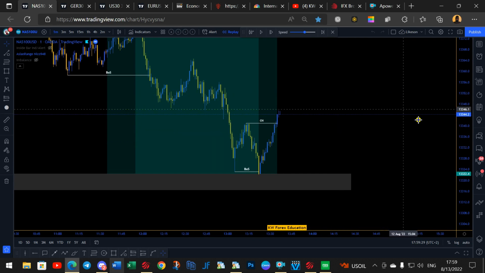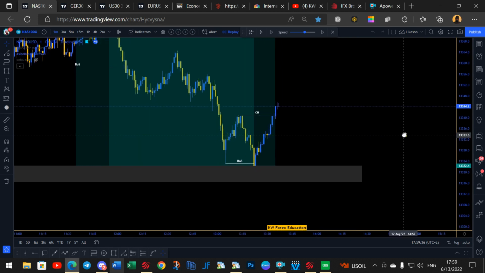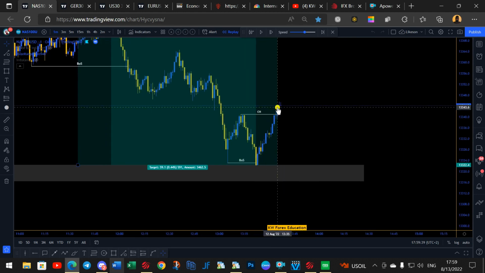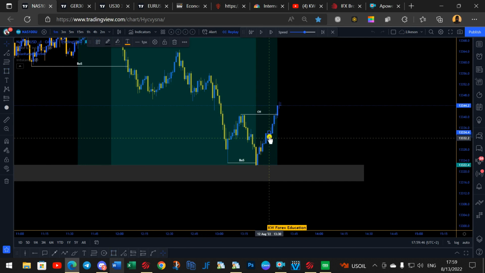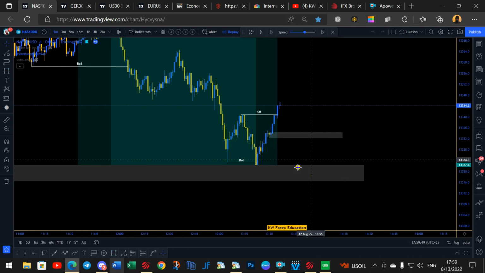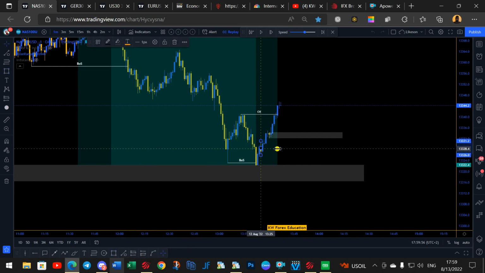Now we have to look at where price can possibly come, right? So when we look at this, we have a lot of points of interest. We have that, we have this, we have that.